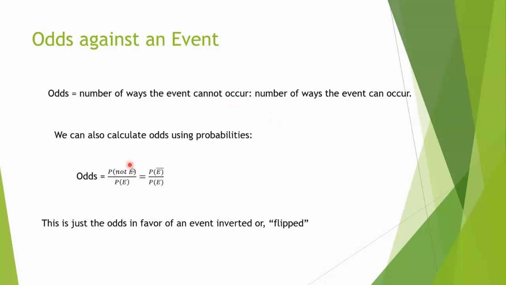And again, you could calculate it, right? As I said, you just invert, take the reciprocal or flip it, in other words. So in this case, you'll have the probability of not E over the probability of E. And really, by what we did before, on top, you would have 1 minus the probability of E. That's the probability of E complement.